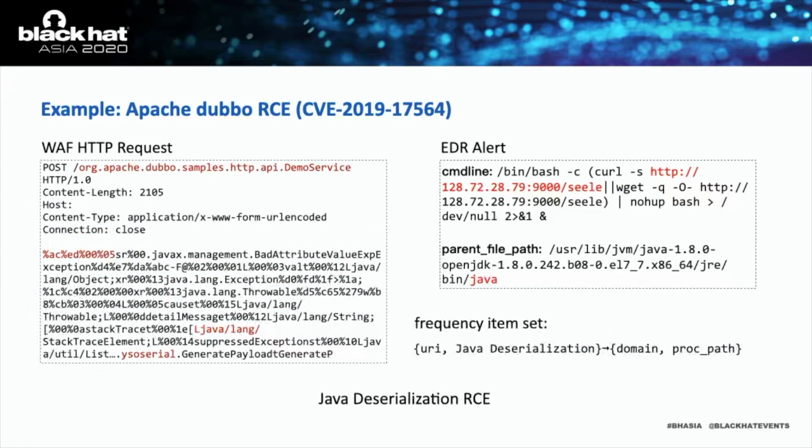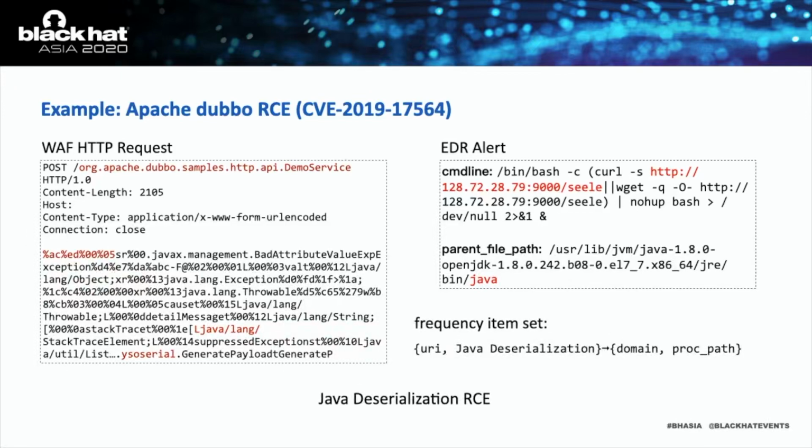Besides, this method is also effective against common deserialization vulnerabilities. For example, there is a deserialization vulnerability in Apache Dubbo. Attackers use ysoserial to generate deserialization payloads and send them in batches to the same URL of hosts on Alibaba Cloud.